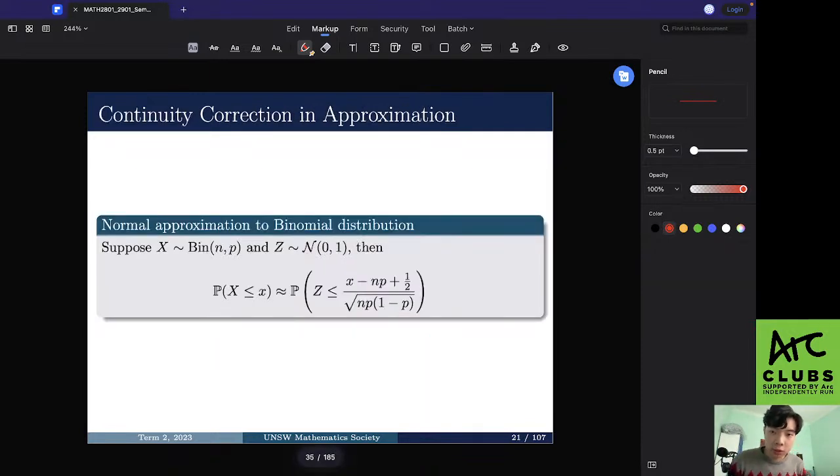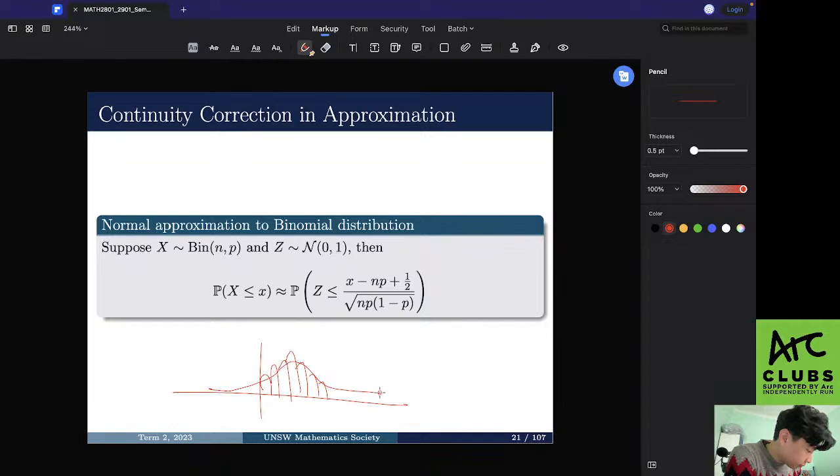So we also have something called continuity correction, and you can kind of think of it like this. The way we use normal distributions is generally we have a binomial like this. Maybe something like this as our binomial distribution, and we approximate it through a normal.